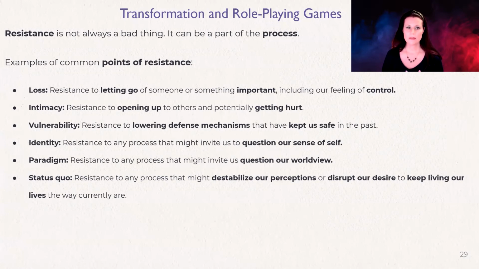So we might have resistance to any process that might destabilize our perceptions or disrupt our desire to keep living our lives the way that we currently are. So yes, we could envision this possible positive future, but actually things are okay right now. So let's just stay where we're at. These are all examples of points of resistance. And of course, there are many more.